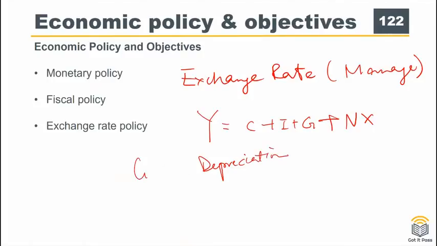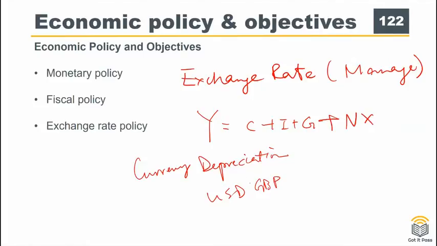Currency depreciation means the currency value falls, say here USD and British pound. If the British government would like to manage the currency against the US dollar, to depreciate against the US dollar.